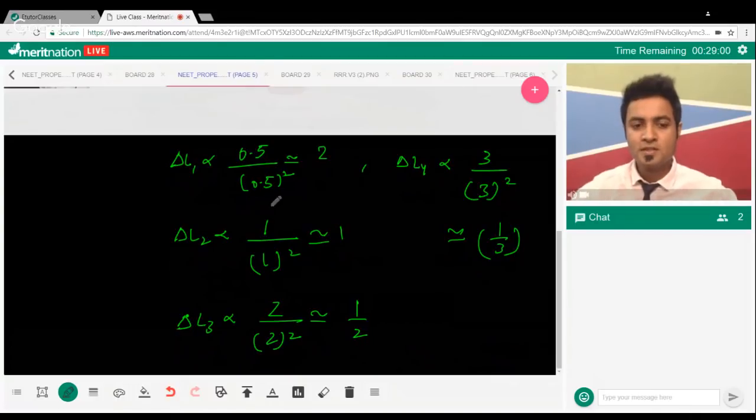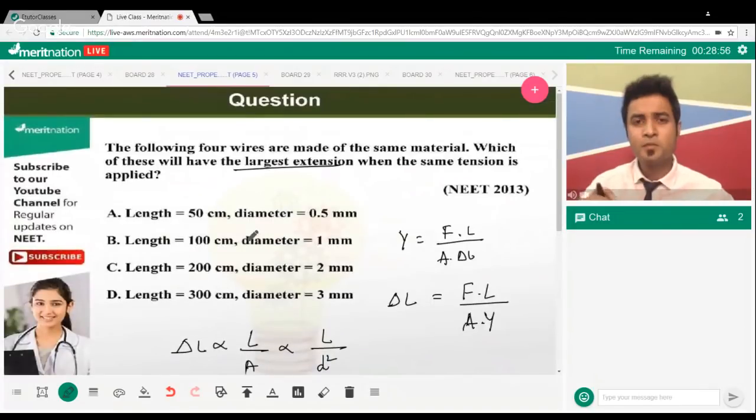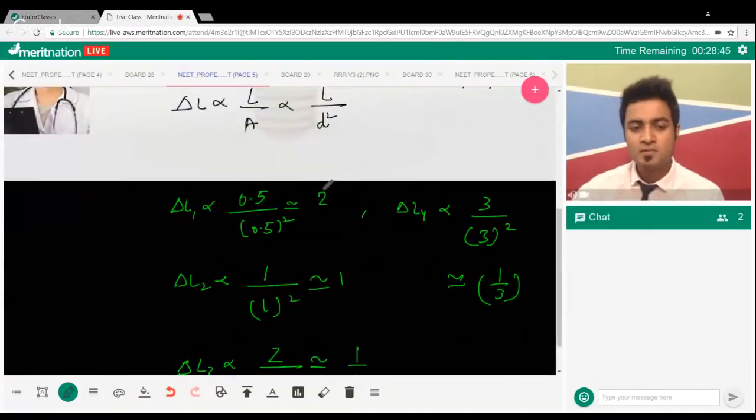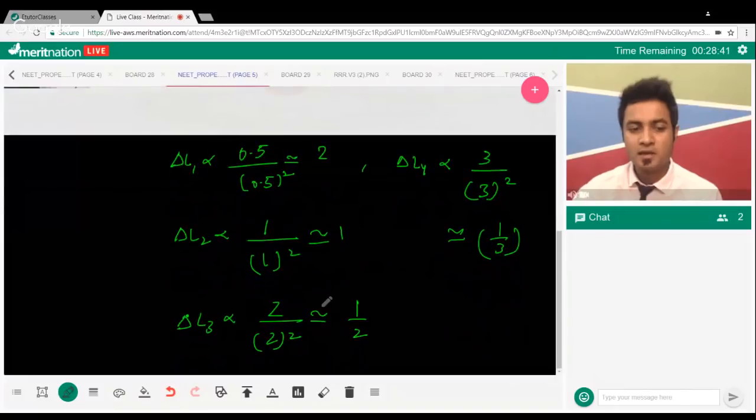Yes, so you can see here, everywhere when you are putting length divided by the area, you are just doing the square of the diameter. So if you are seeing the ratio, this is length upon this area, and you can see here, this is the largest extension that is coming.